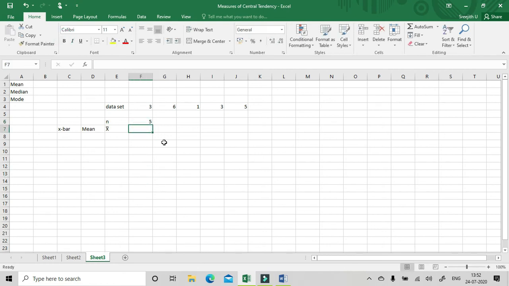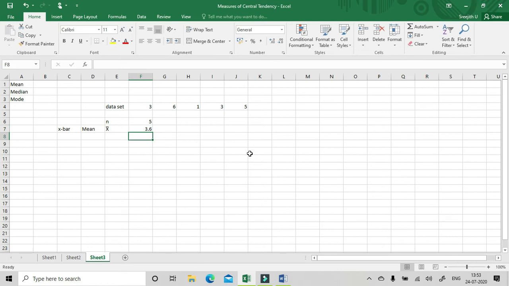X bar now is the summation of this divided by the number of observations, 5. Let's sum it up. 3 plus 6 is 9, 9 plus 1 is 10, 10 plus 3 is 13, 13 plus 5 is 18. So our mean is 18 divided by 5, 3.6.